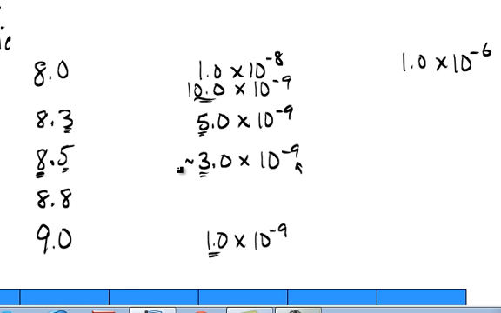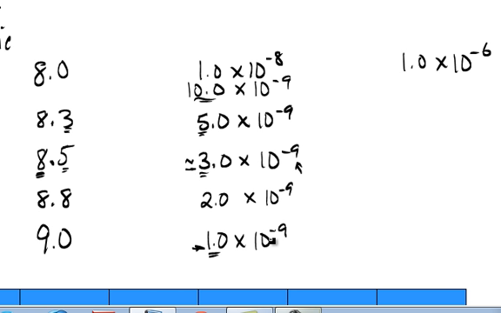Now let's put in 10 to the negative 8.8. 8.8 is the pH value, and we'll see what concentration we get for that. We actually don't have to punch it into the calculator. There's a 1 here, there's a 3 here, so I'm going to take a guess that it's 2, and that guess cannot be far off. We're just approximating here. It works out that that's 1.6 times 10 to the minus 9.